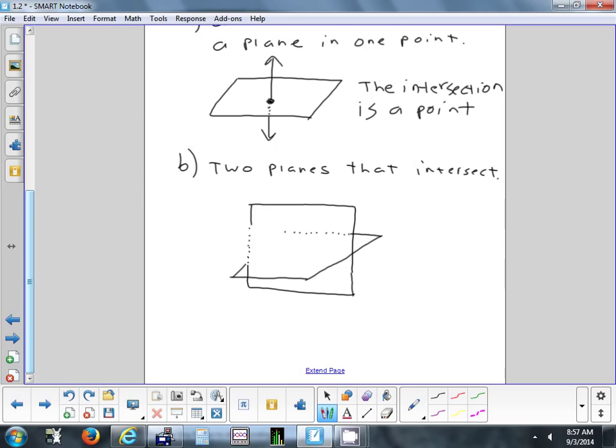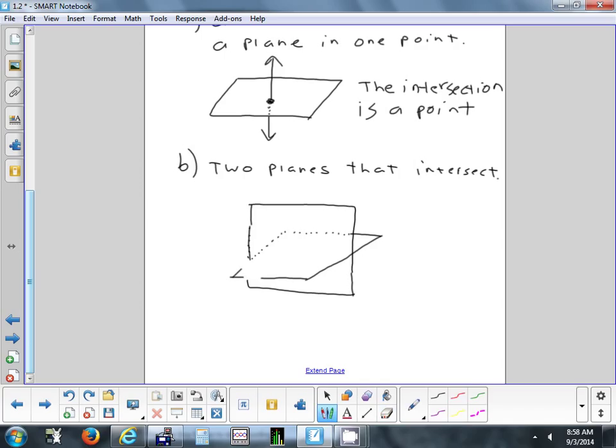Over to about right there. And so it's kind of going behind it. Okay. I guess that part would actually be more solid. It would just be this part that's dotted.